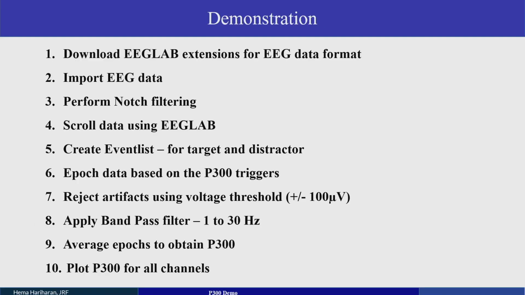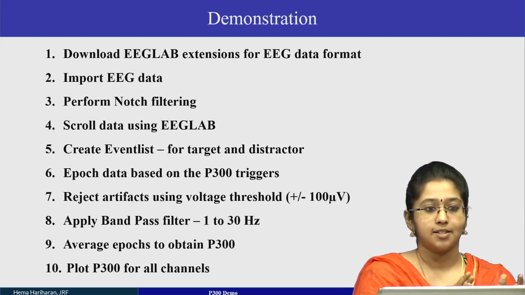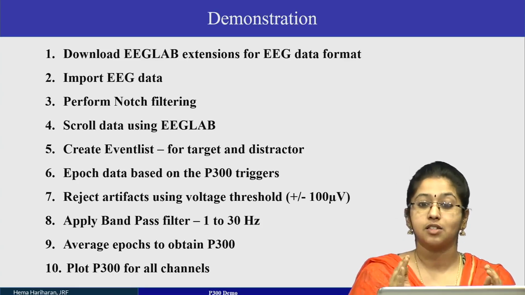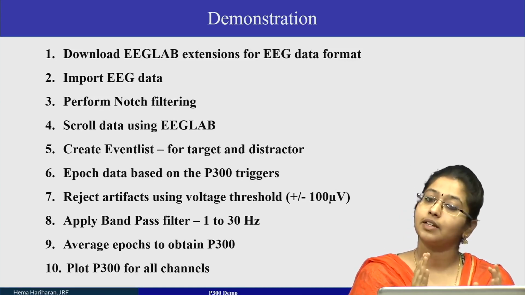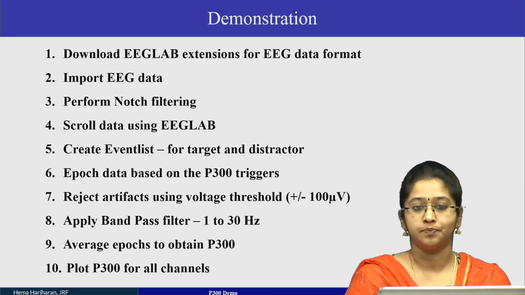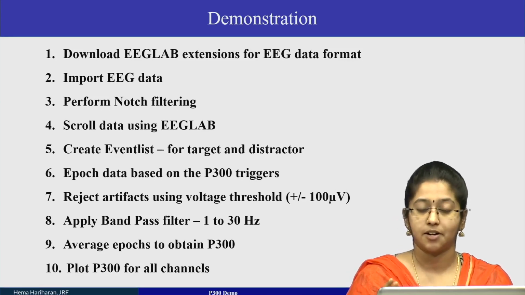The demonstration part is similar to the earlier one. Here we have to concentrate on the target and the distractor, and the P300 triggers are based on those. Even the epoching will differ, because our response starts from 300 only, so we epoch from minus 50 as a baseline to about 600 or 700.